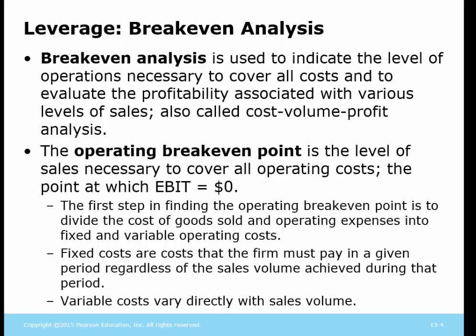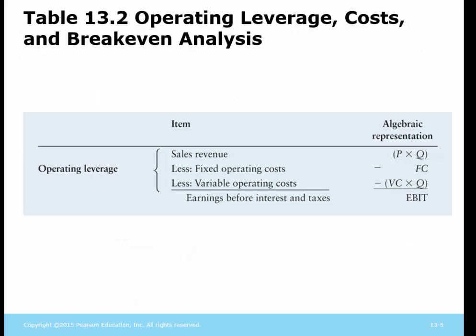So in real life, it's a little bit more difficult to establish exactly what the break-even point is. For our purposes, though, we really just want to have a way to observe what happens when we employ fixed costs. So the basic format for operating leverage is to find out how we get from sales revenue to EBIT.